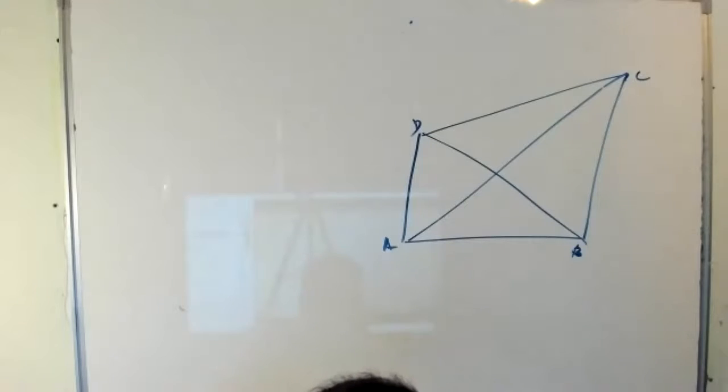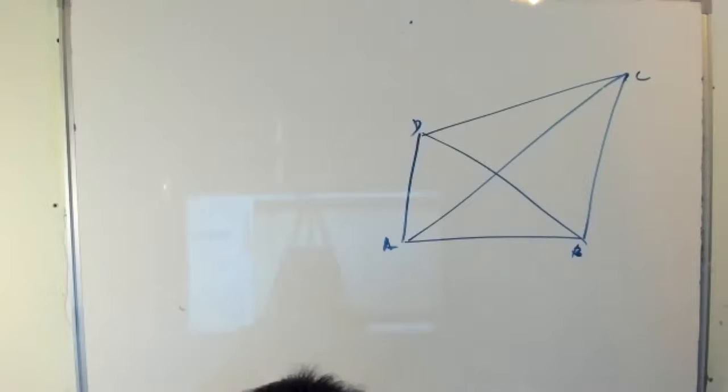Then a quadrilateral is a closed figure formed by joining four points.